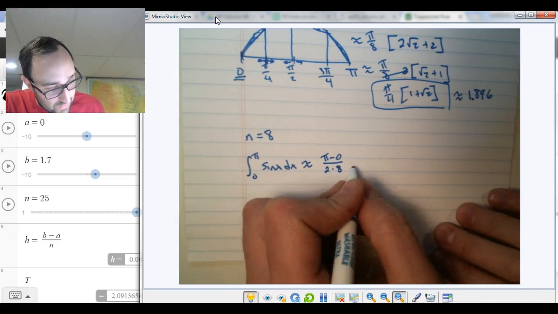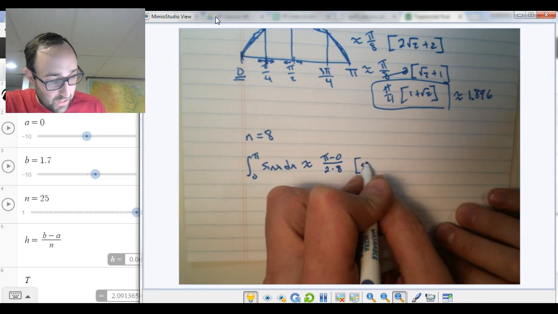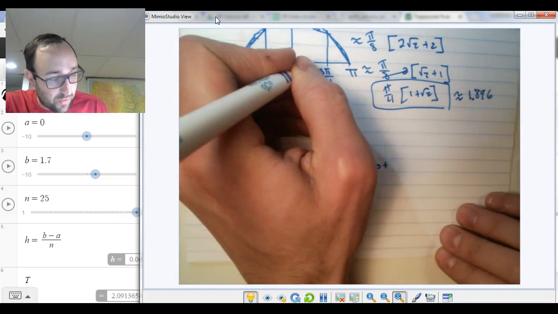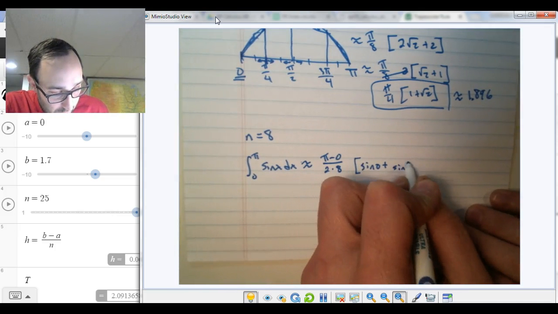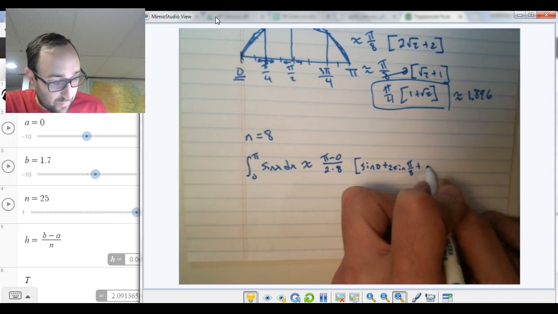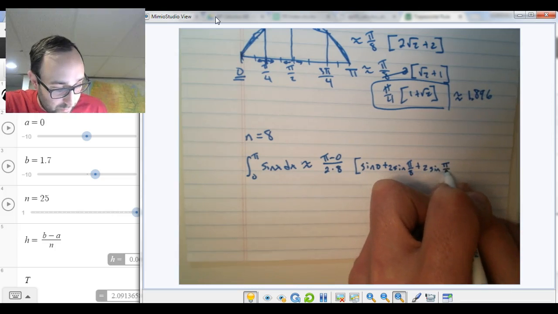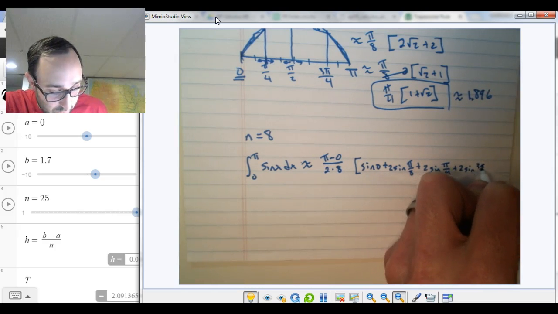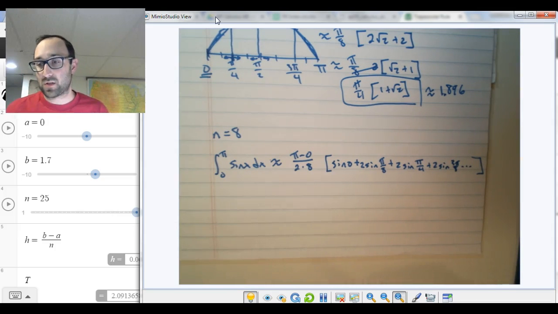And then that's going to be times f of 0, which is sine 0, plus, now we're going to break these up into even smaller ones, right? So now we're going to have plus 2 sine pi over 8 plus 2 sine pi over 4 plus 2 sine 3 pi over 8, and so on and so on. Okay, and then you can just go through and do this.